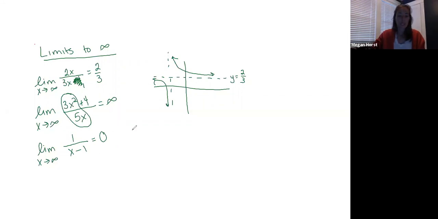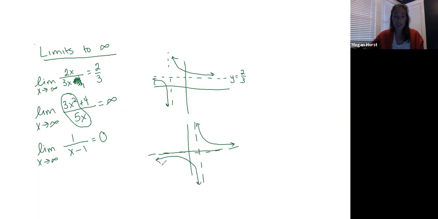This relates back to 1 over x minus 1. Remember, if the degree on top was less than the degree in the bottom, then we had a horizontal asymptote at 0. So that matches pretty perfectly with those rules and properties that we had last year, right?